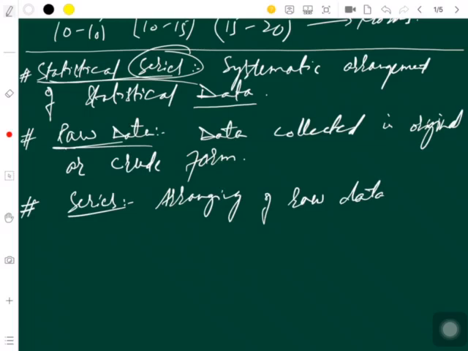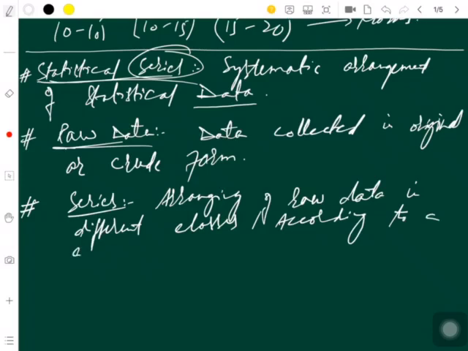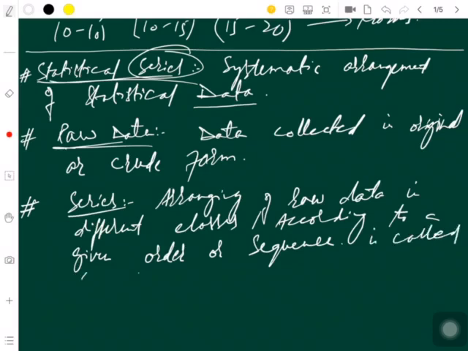Okay, arranging of raw data in different classes, maybe according to a given order. That order may be anything, or you can say it is also called sequence. That is called series.